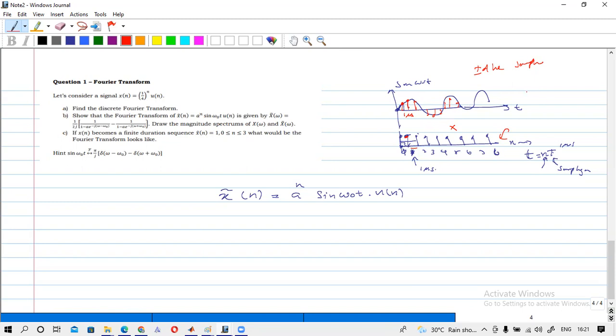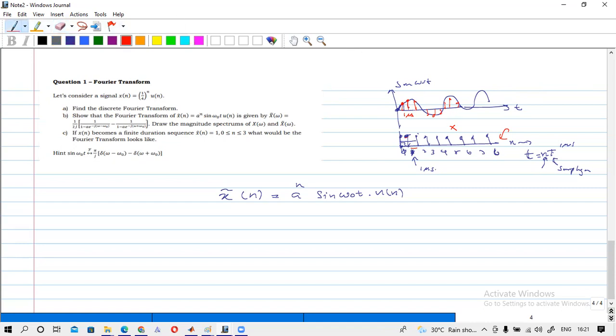In formal way we write x(t) delta(t minus nT) or something. I can't remember exactly, I will let you know.